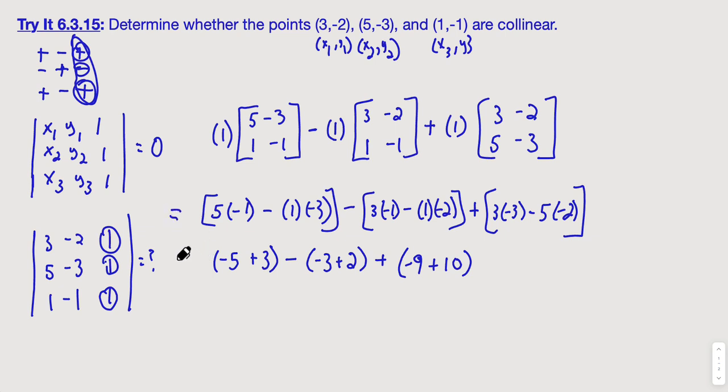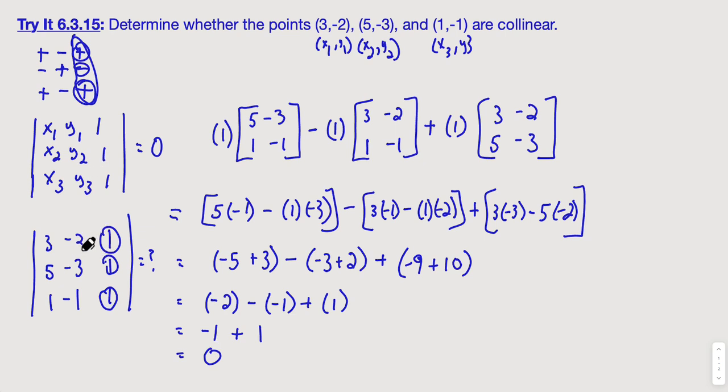And then we further simplify. Negative 5 plus 3 is negative 2. Minus negative 3 plus 2 is negative 1. And plus negative 9 plus 10 is 1. So we have negative 2 minus negative 1. So that's negative 2 plus 1, which is negative 1, plus 1, which equals 0.